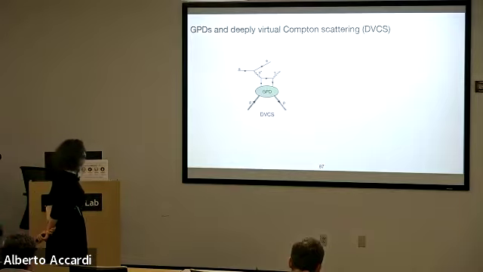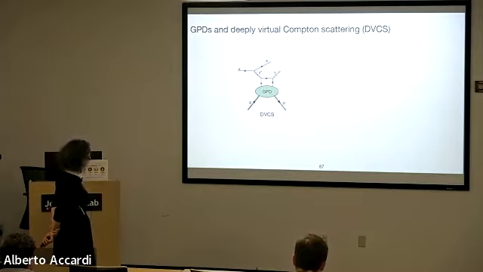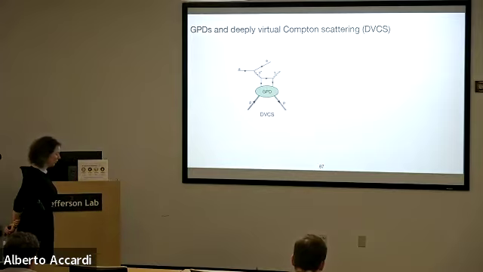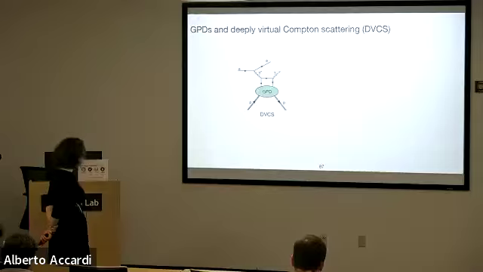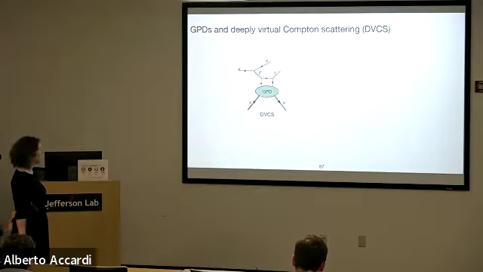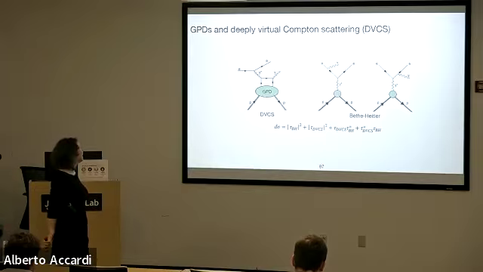Starting with some examples of deeply virtual Compton scattering, where we produce a final state photon in EP interactions. The point is that there is another process which has exactly the same initial and final state as your DVCS process, namely Bethe-Heitler.